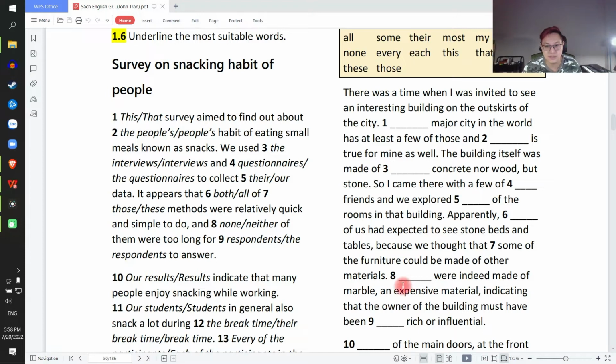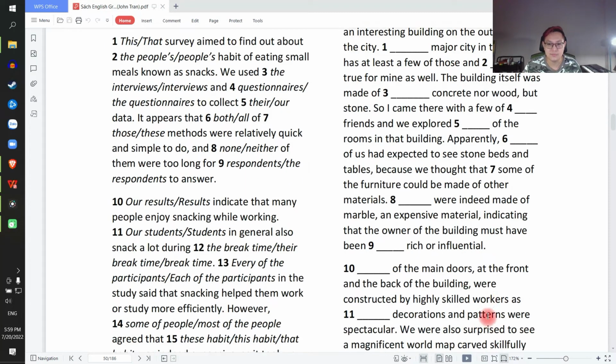These or those were indeed made of marble, an expensive material, indicating that the owner of the building must have been either rich or influential.